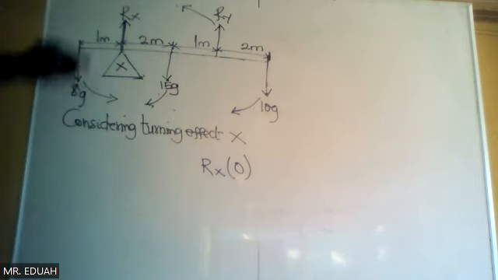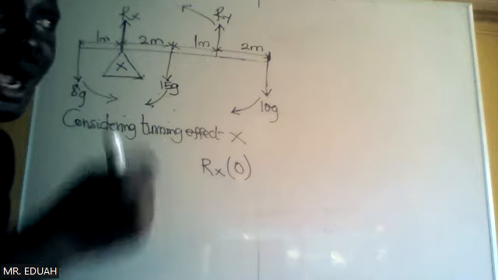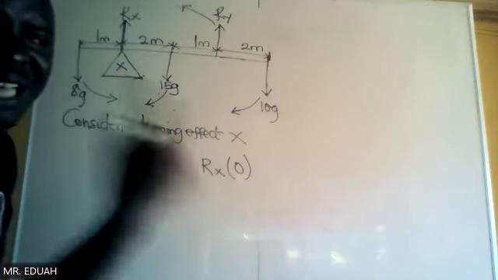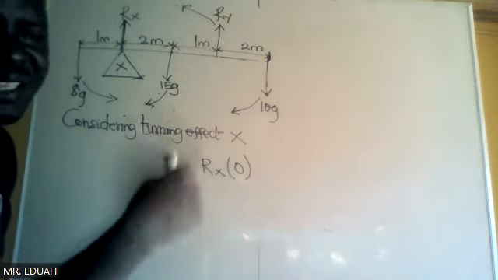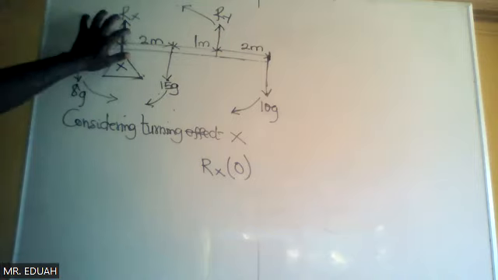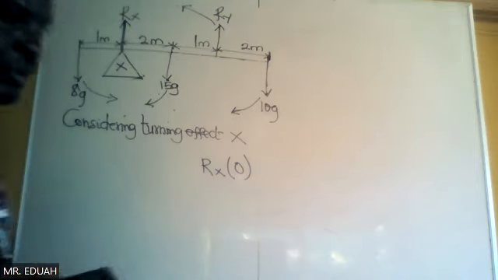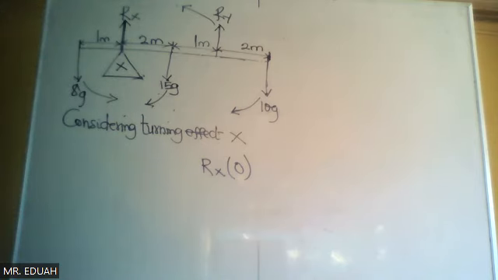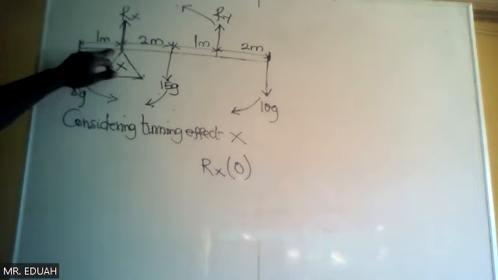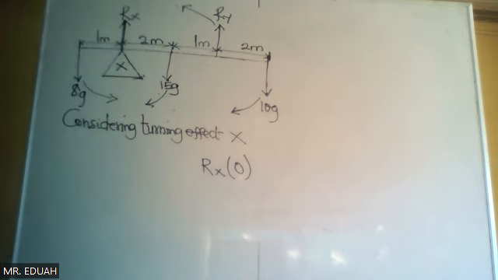So if there's a force at the axis of rotation, because there's no perpendicular distance, the turning effect is 0. That is what you have to observe. So this is as if it is not there.